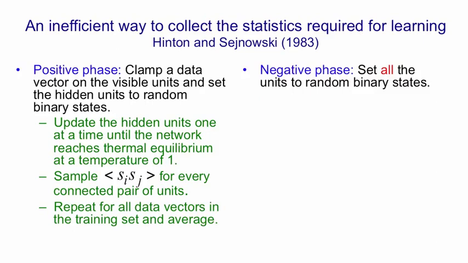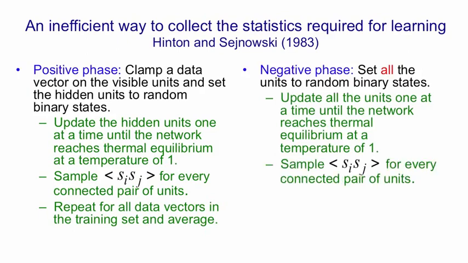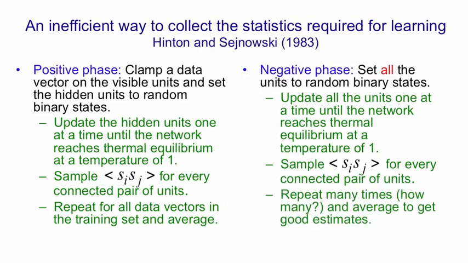So you set all of the units, both visible and hidden, to random binary states. And then you update the units one at a time until the network reaches thermal equilibrium at a temperature of 1, just like you did in the positive phase. And again, you sample the correlation of every pair of units i and j, and you repeat that many times.